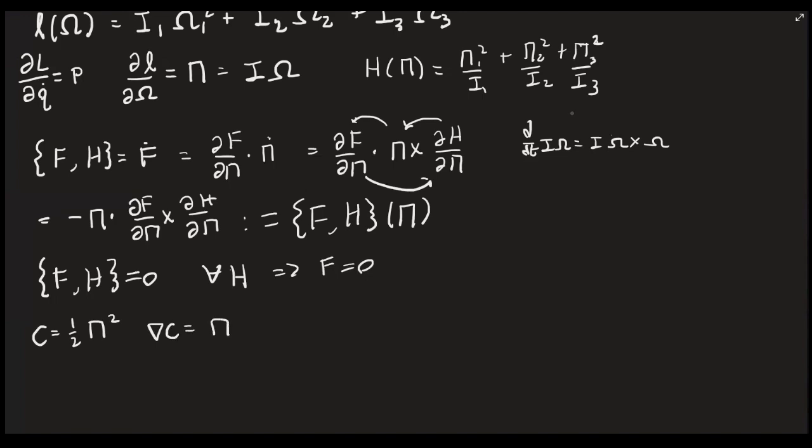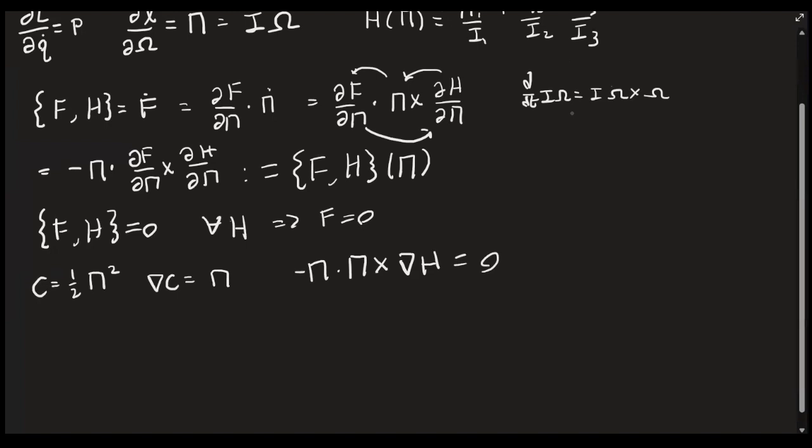And if you just stick that in here, then you'll have negative pi dot pi times grad h. I'm just going to start writing grad this way. This term's perpendicular to pi, since it's a cross product of pi with something, so pi dot this equals 0. Cool.